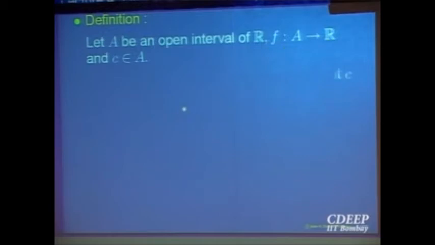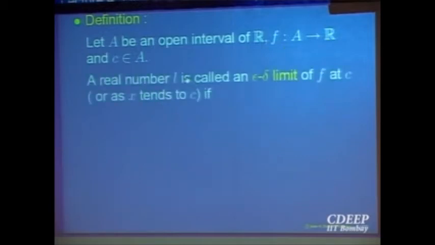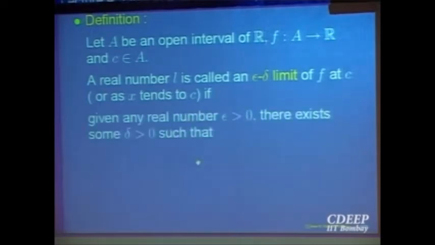So f is a function, c is a point. We say L is called the epsilon-delta limit, because epsilon and delta are going to appear, provided that given any number epsilon, which is a margin for error, I am able to find a delta such that whenever |x − c| is less than delta, it implies |f(x) − L| is less than epsilon.